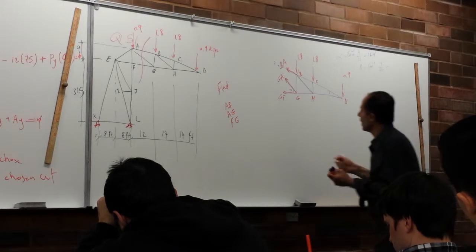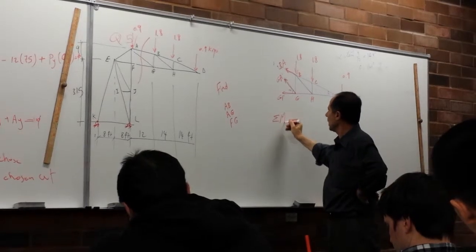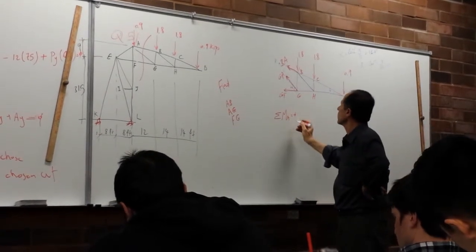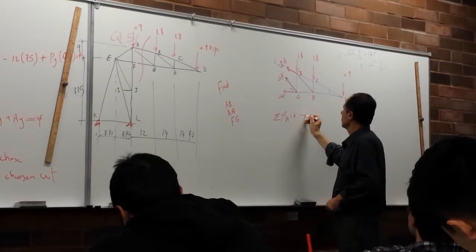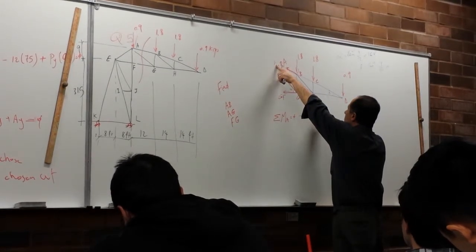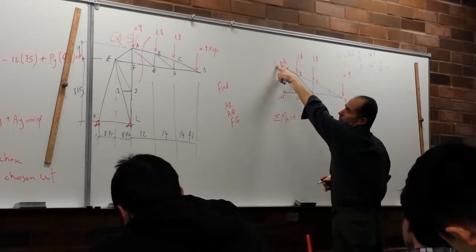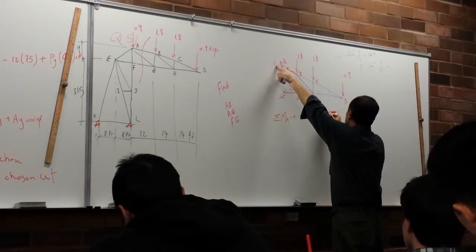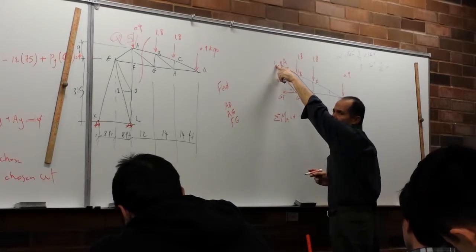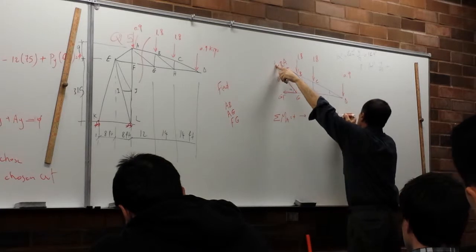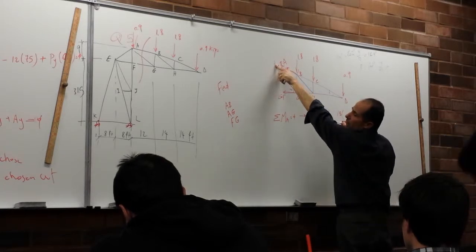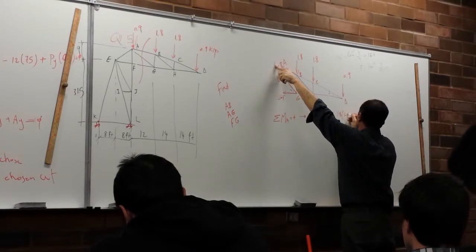While you calculate that, sum moment at A equals 0. What do we have here? Put your finger here. 1.8 times 12. That's negative. Positive, negative? Negative. 1.8 times 26.